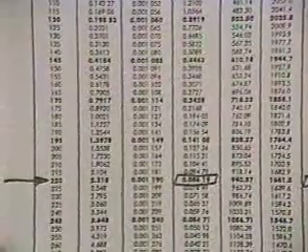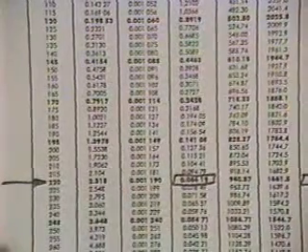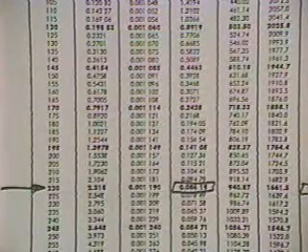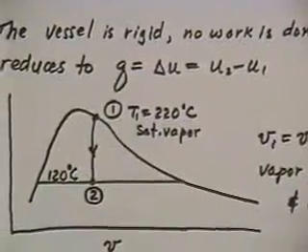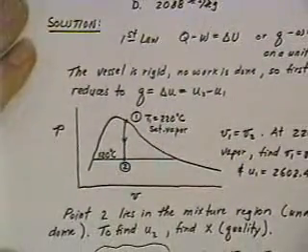So we're getting these numbers directly off of the thermodynamic tables on page 48 for water, and this gives us the saturated vapor condition, the volumes as well as energies.